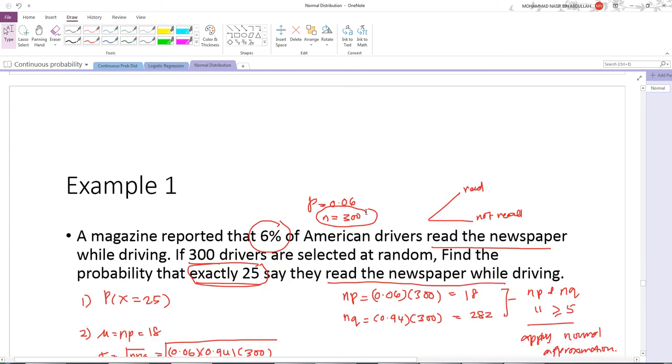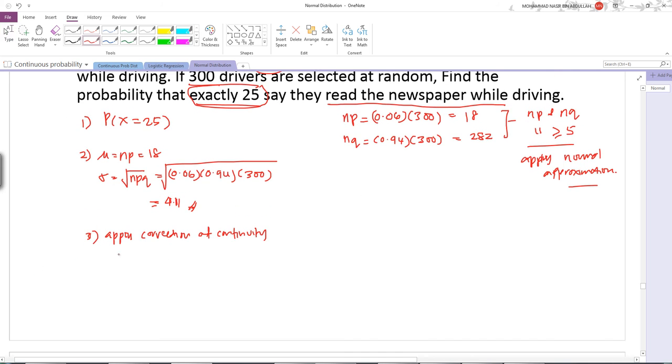So this should be the probability of 25 minus 0.5 less than x less than 25 plus 0.5, which is equal to the probability of 24.5 less than x less than 25.5.